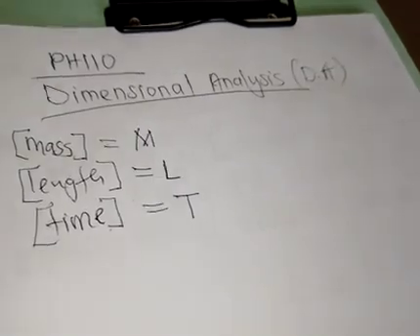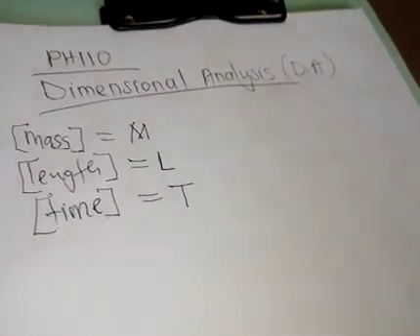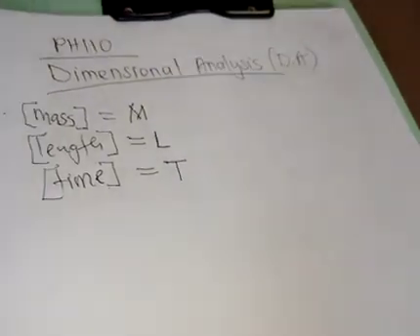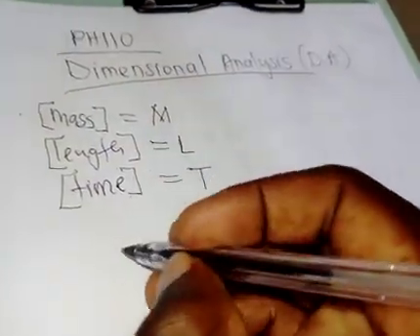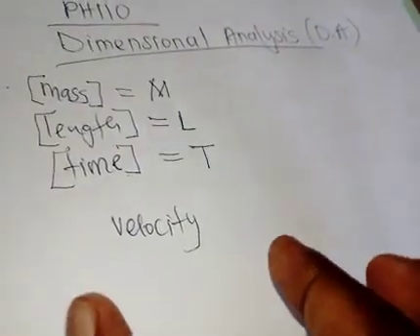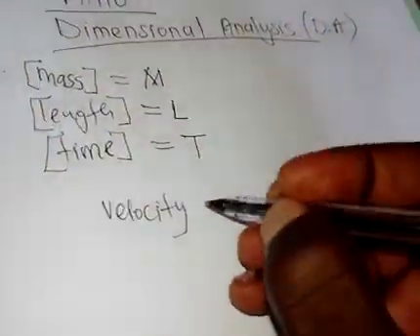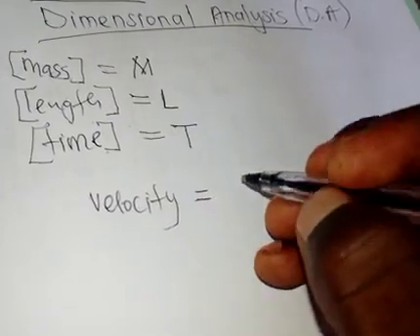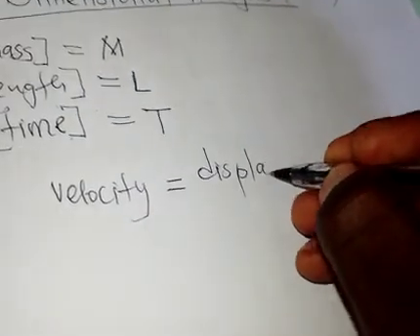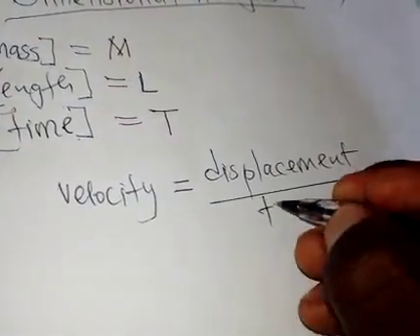Even when we have derived quantities, it is possible to find their dimensions. For example, if we talk about velocity, it's possible to find the dimensions of velocity itself. I know that velocity equals displacement over time.